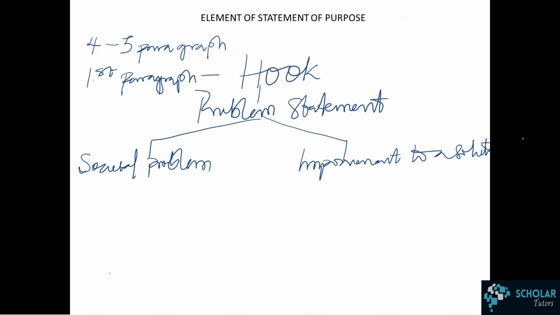When you say an improvement to a solution, that means there is already a solution to a problem, but the solution can still be improved. The solution can be worked on to be better harnessed. Let's take, for example, energy transition, which everyone is talking about.